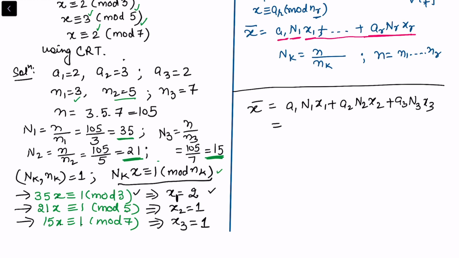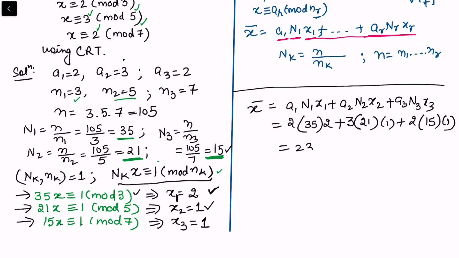This value is a1 is 2, N1 is 35, x1 we just obtained is 2, plus a2 is 3, N2 is 21, and x2 is 1, plus a3 is 2, N3 is 15, and x3 is 1. Now when I multiply, this integer comes out to be 233. So we say that x bar is congruent to 233 modulo 105.